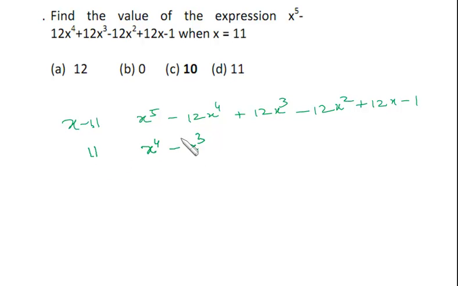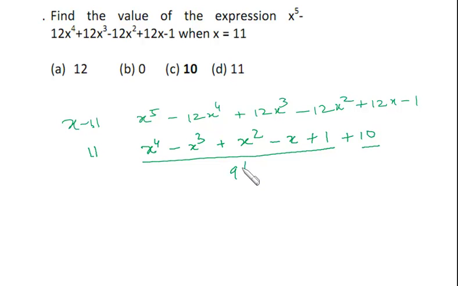Then it is minus 11 plus 12. So it is plus 1. Then 11 minus 12, again minus 1, minus 11 plus 12 plus 1, 11 minus 1, 10. So this is the quotient and this is the remainder. Now how much time did it take?